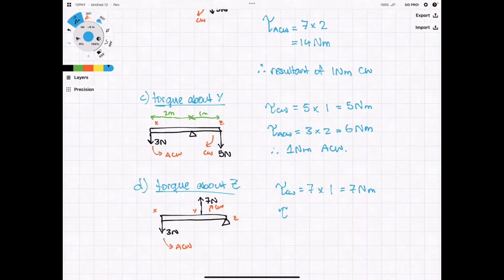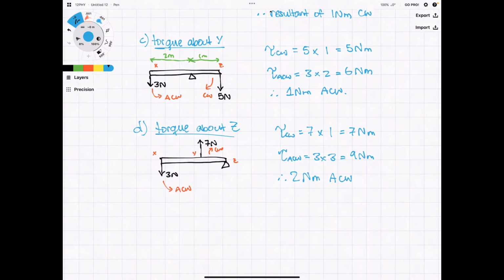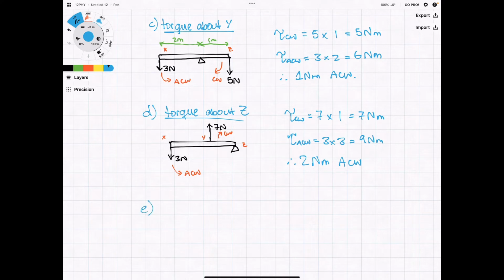Torque anti-clockwise, which is 3 times 3, 9 Newton meters. Therefore, we have 2 Newton meters anti-clockwise, which I hope if we check the answers is also correct. Yep, good. Okay, and the last part here, E, is it in equilibrium?